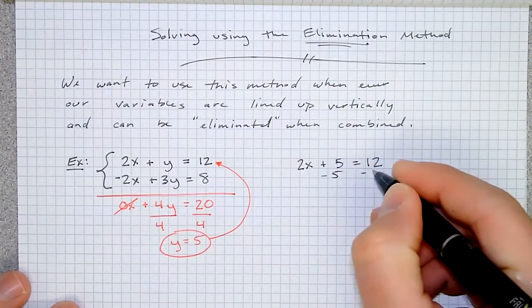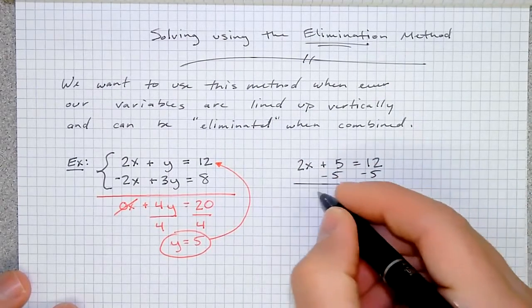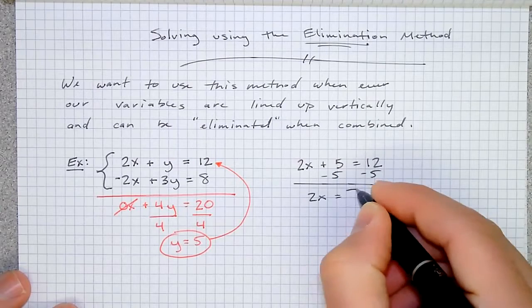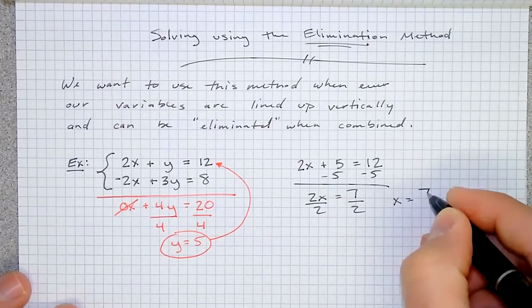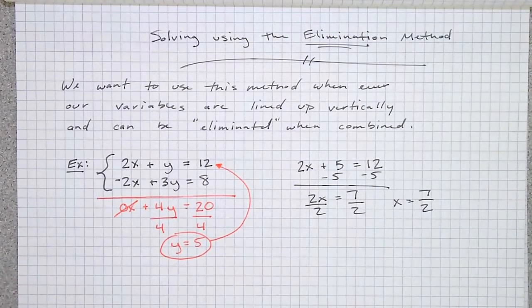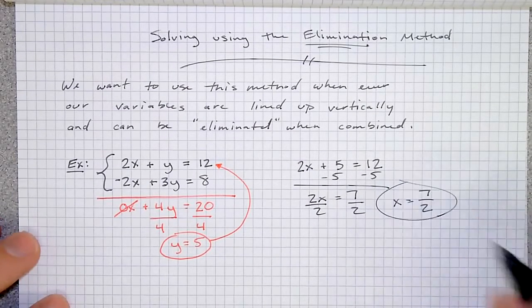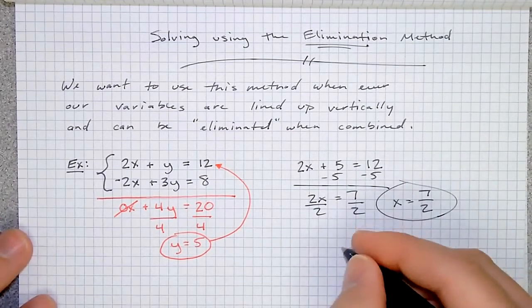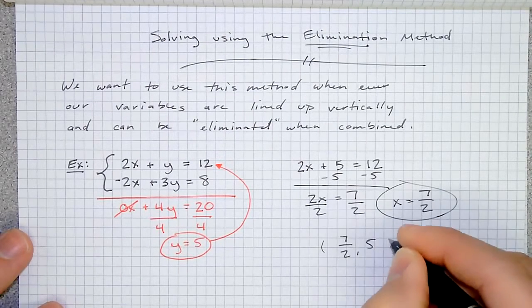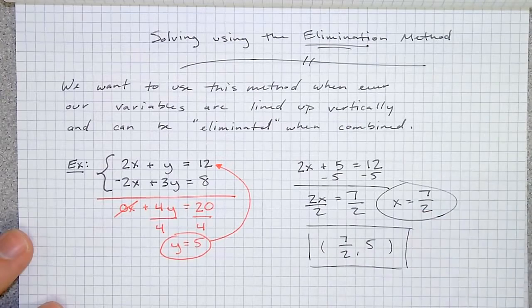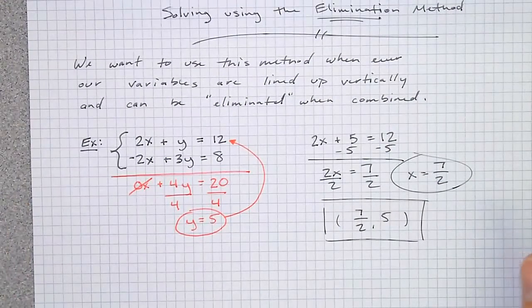Subtract 5. x ends up equaling 7/2 or 3.5. So just like the other methods, we write our answer in the form of a point.